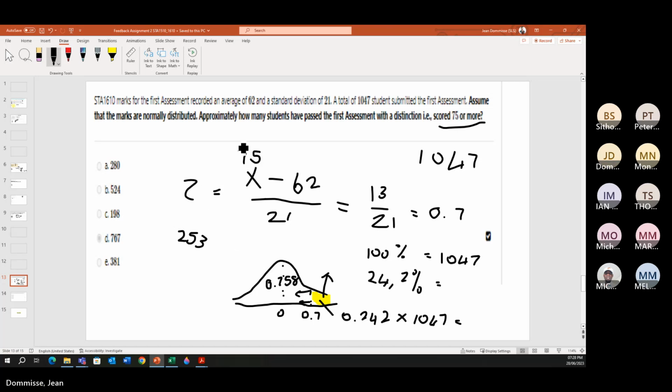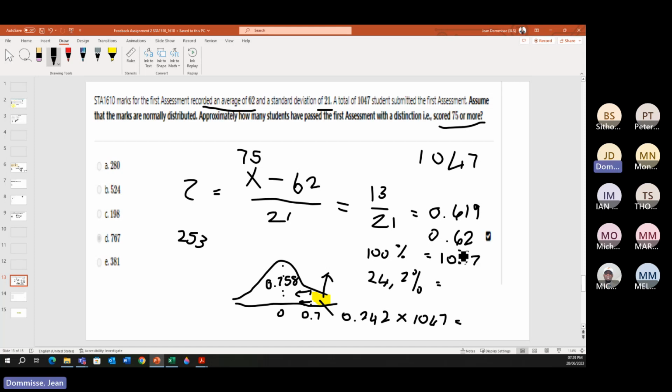Z, 75 minus 62, that is correct. Divided by 21, that is correct. 13 divided by 21. Ugh, how did I work that out? Boy, that must be 0.619. So that is actually 0.62.